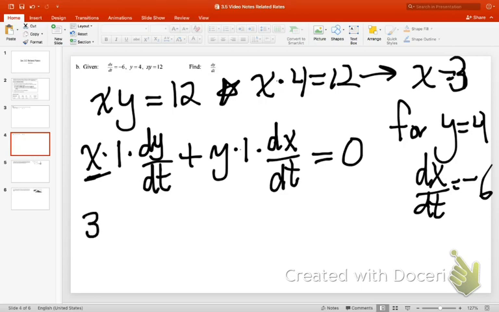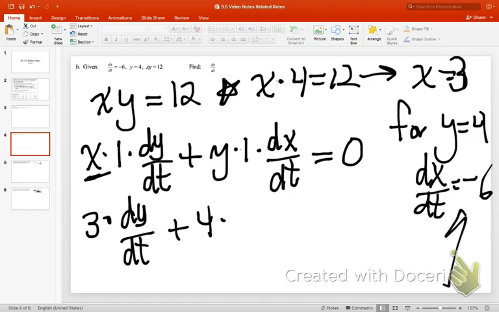This will be 3 times 1 times dy/dt, which is what I'm looking for, plus 4 times 1 times, we were given dx/dt, so plug in your negative 6, equals 0. And we're just going to solve for dy/dt.